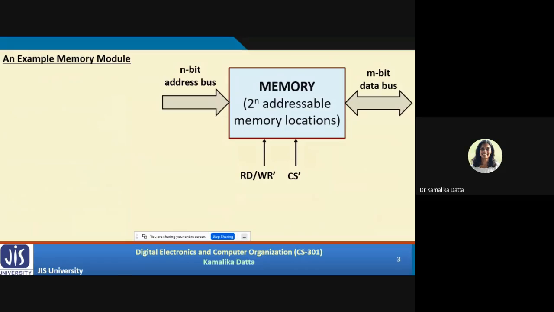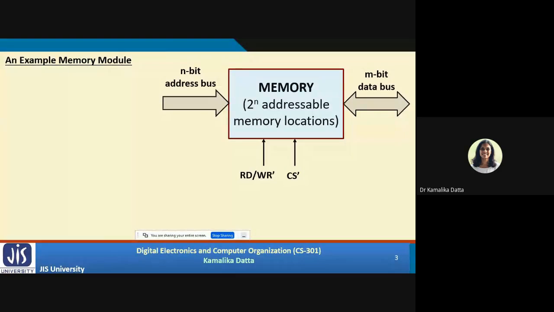Now, let us take an example memory module. This is a memory module which has 2 to the power n addressable memory locations. If it has 2 to the power n addressable memory locations, what should be the size of the address bus? For 1 kilobyte, it could be represented as 2 to the power 10.